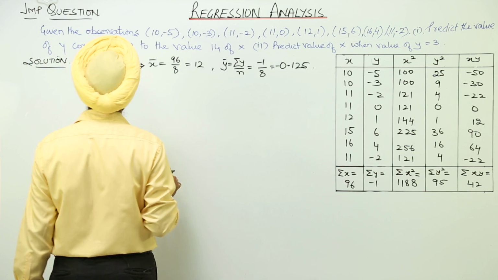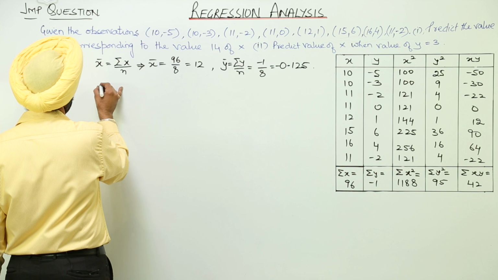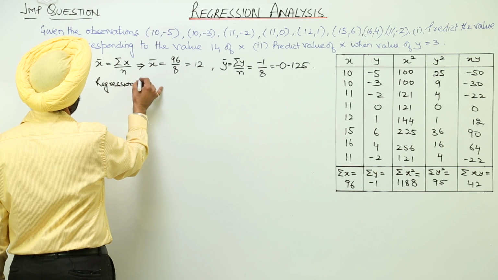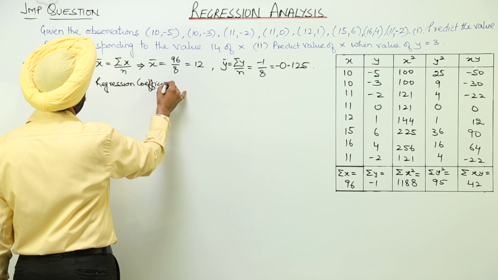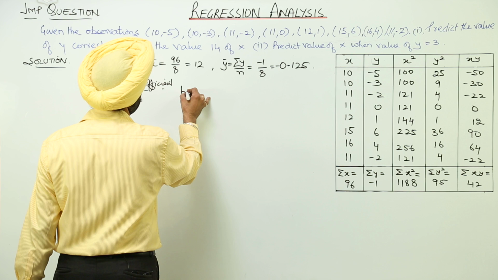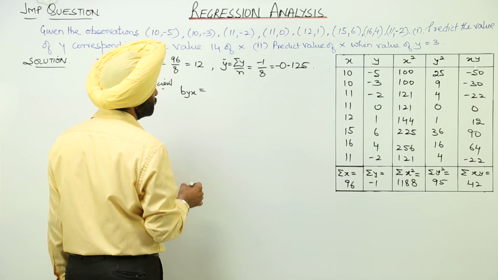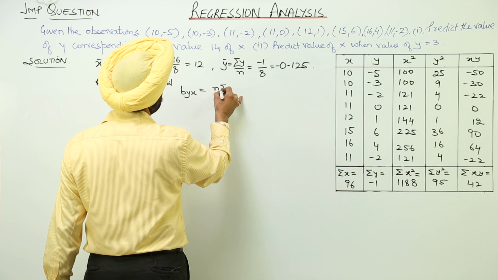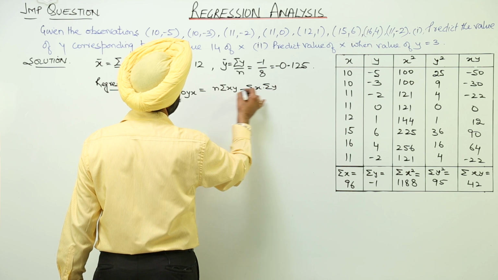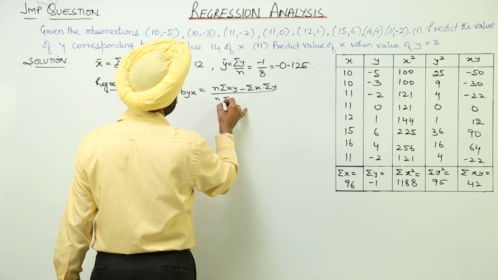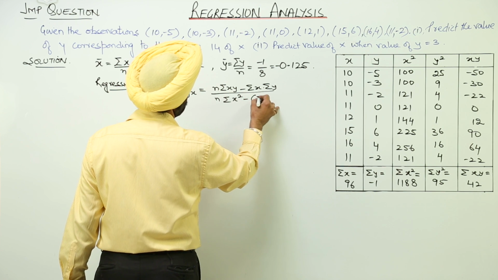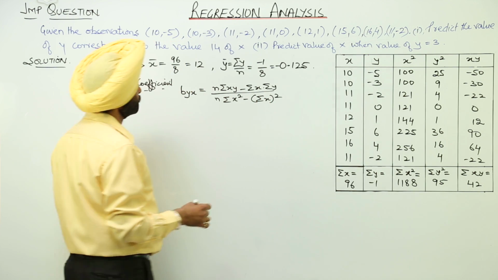Now, we have to find the regression coefficients. b of y on x is equal to n times summation of xy minus summation of x summation of y, upon n times summation of x square minus summation of x whole square.